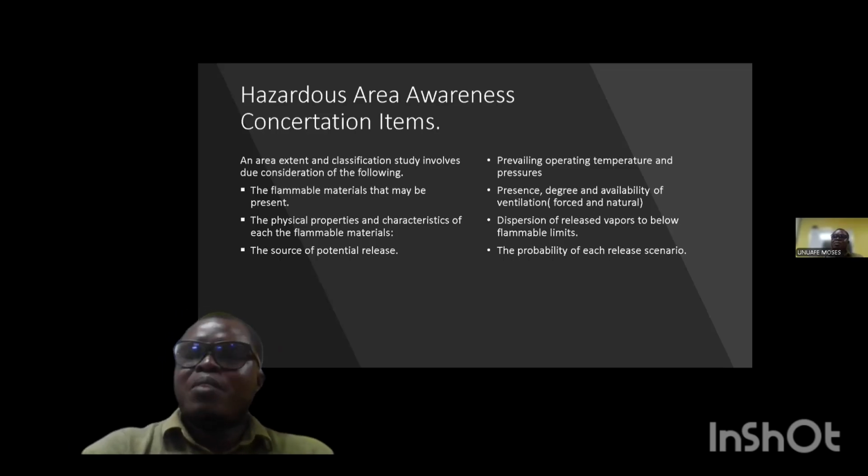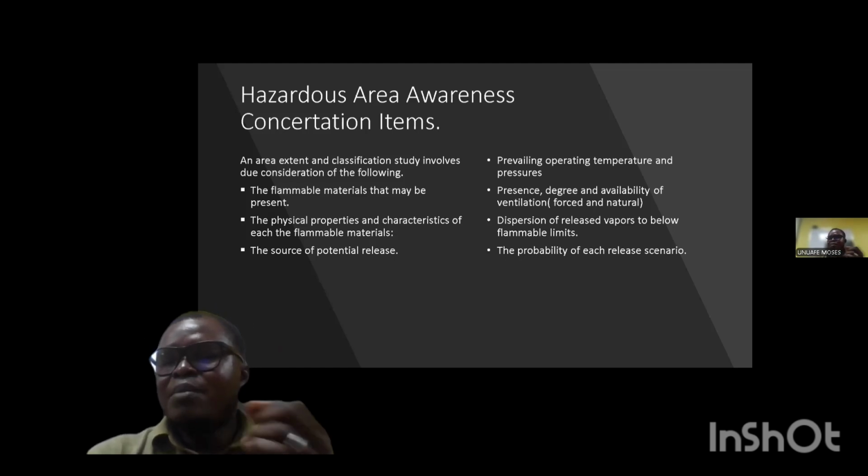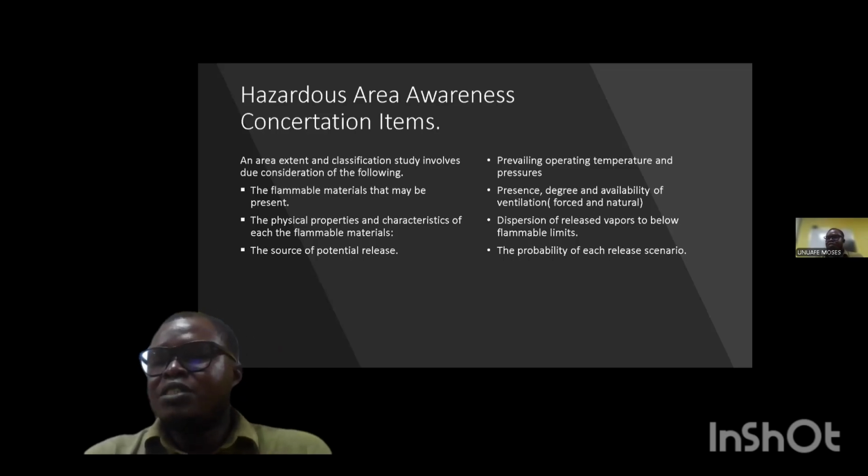For example, let's assume a chemical reactor, where the process may involve heating a reactant to about 120 degrees. If the temperature is maintained for most of the reactor cycle, it becomes a prevailing operating temperature used for selecting seal or gas in a control system.